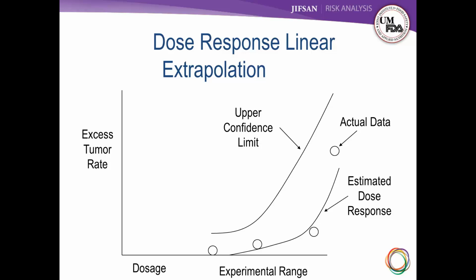And that's all well and good, but you'll notice that we have no data on the low dose range there. Beyond our last and smallest experimental dose, we have no data. So how do you fill that in?